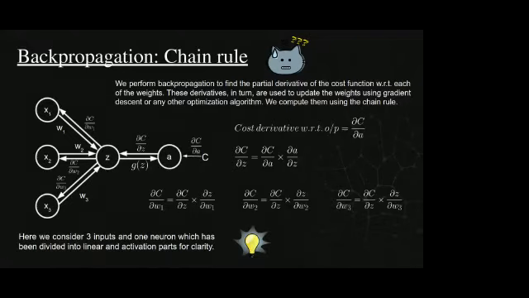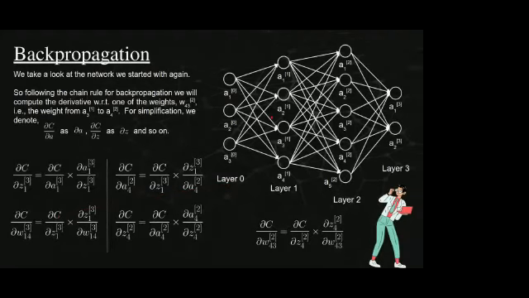So now that we have done the backpropagation chain rule for a single layered perceptron model, we move on to this one. This is the same neural network that we used for the forward propagation.